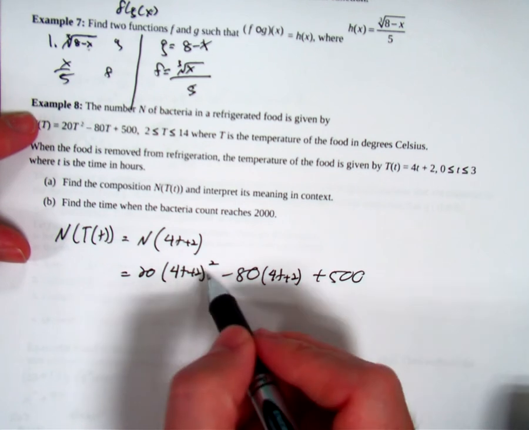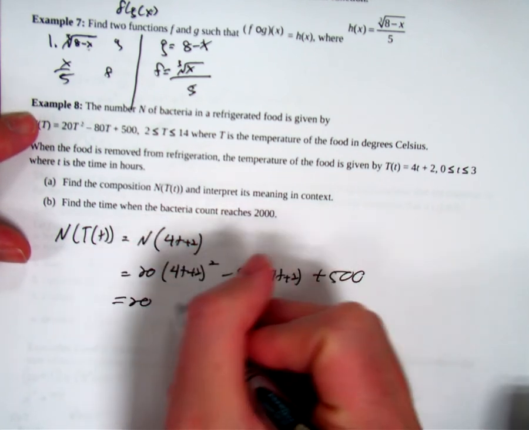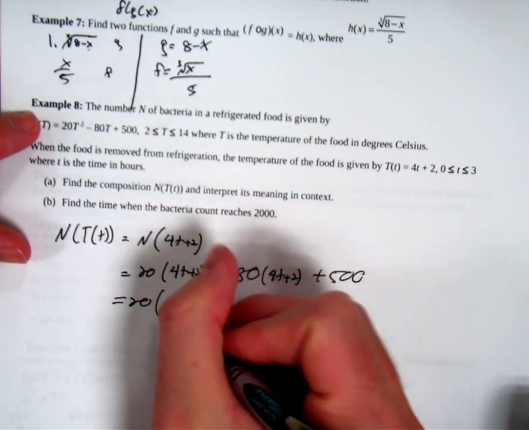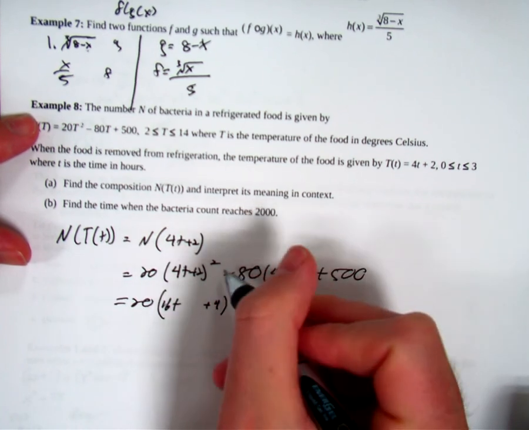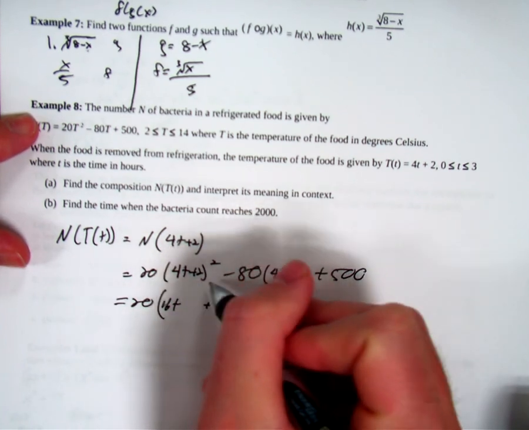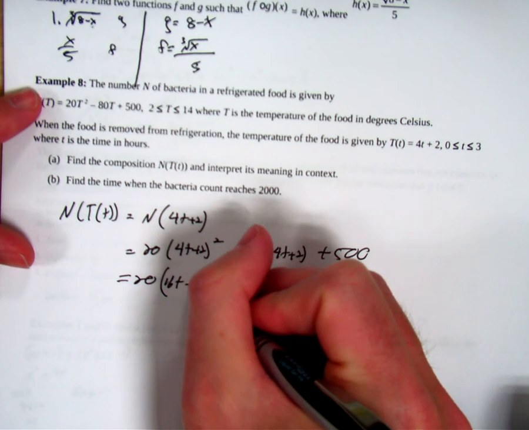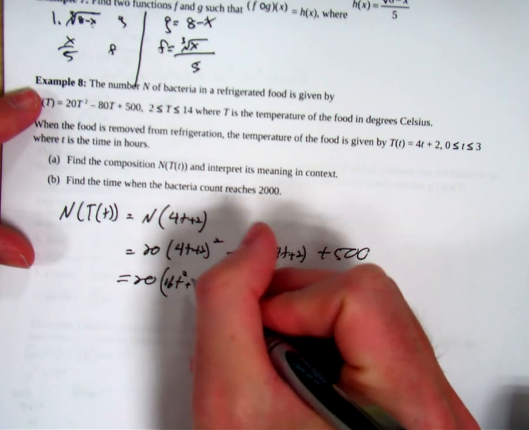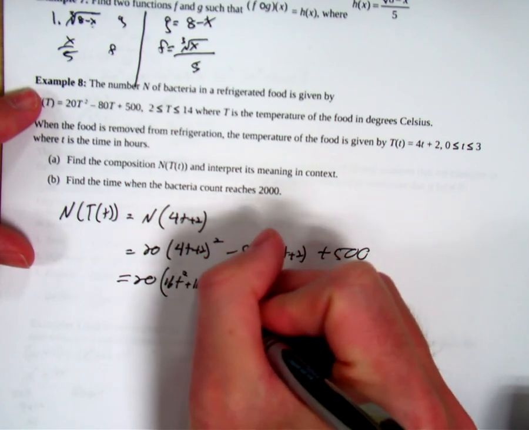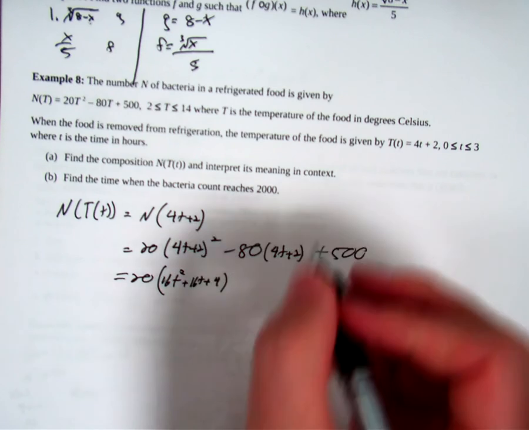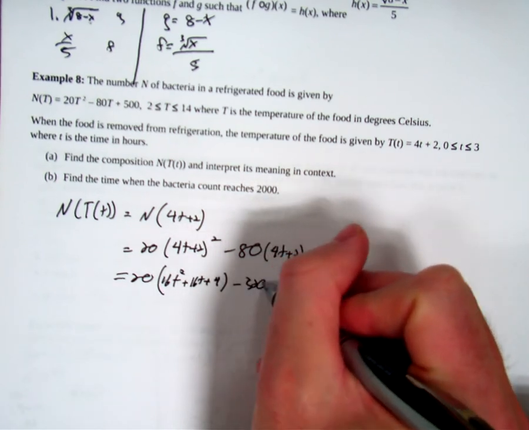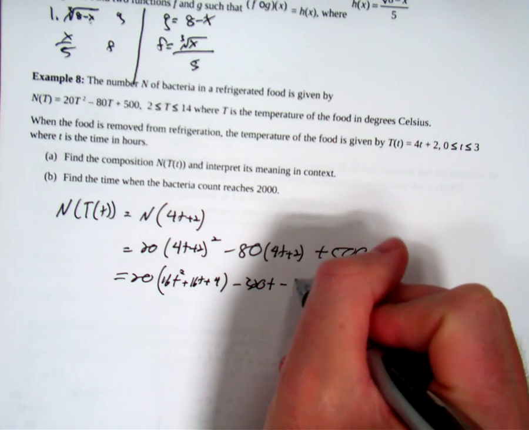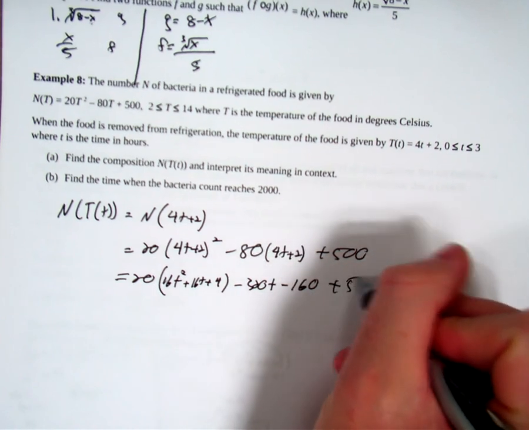This is a little bit harder to do mentally, to square that. First one squared, 16t squared, plus the back one squared, 4, plus multiply those two together, 8t, and double it, that's 16t. We can distribute this one already, minus 320t, minus 160, plus 500.